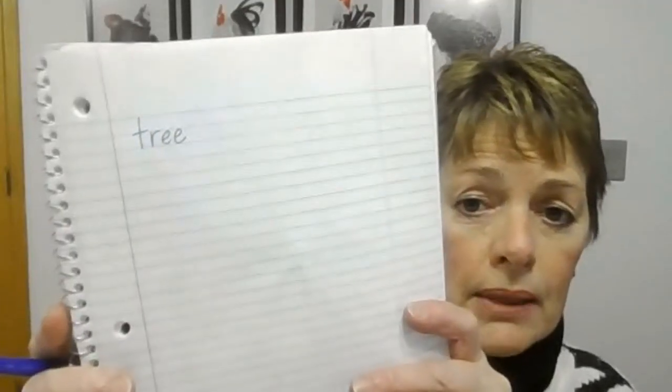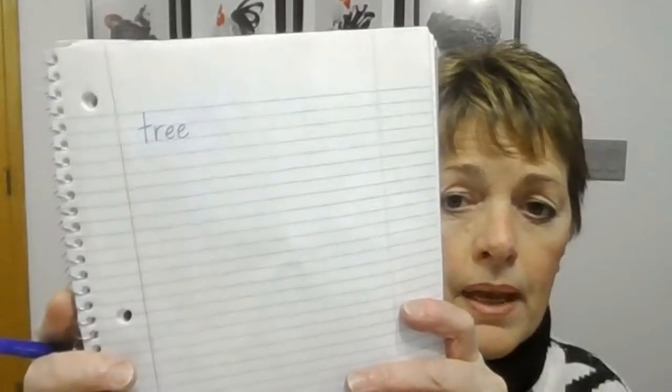I'm going to write on a separate piece of paper here. What are some things that we could plant? I have an idea. How about a tree? Do I have another? Some of you said sunflower before. So that would be something that we could plant.